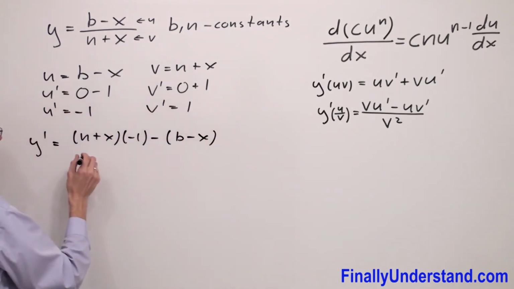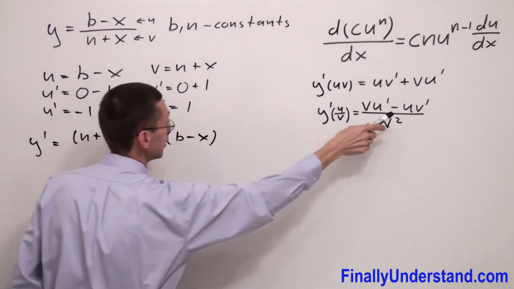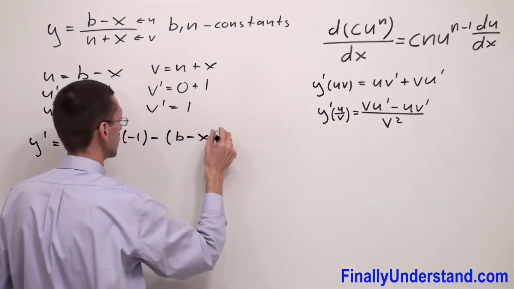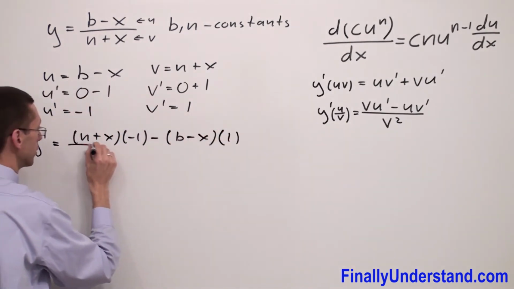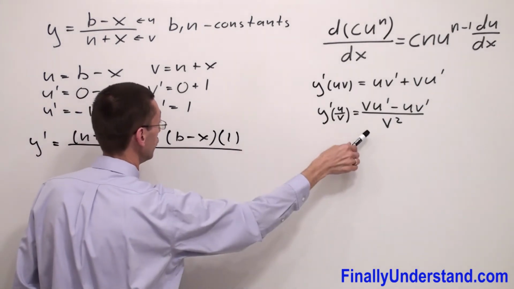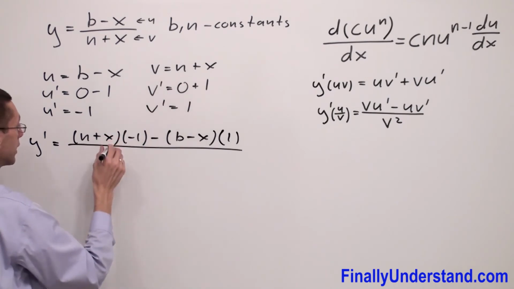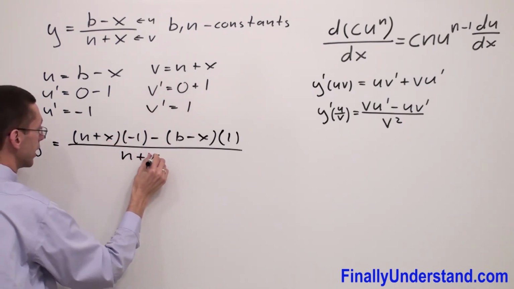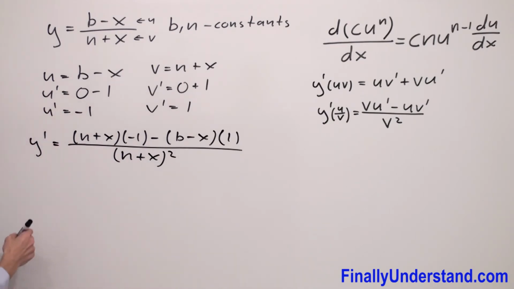This is my u, times v prime. v prime is 1, over v squared. So my v is n plus x to the second power.